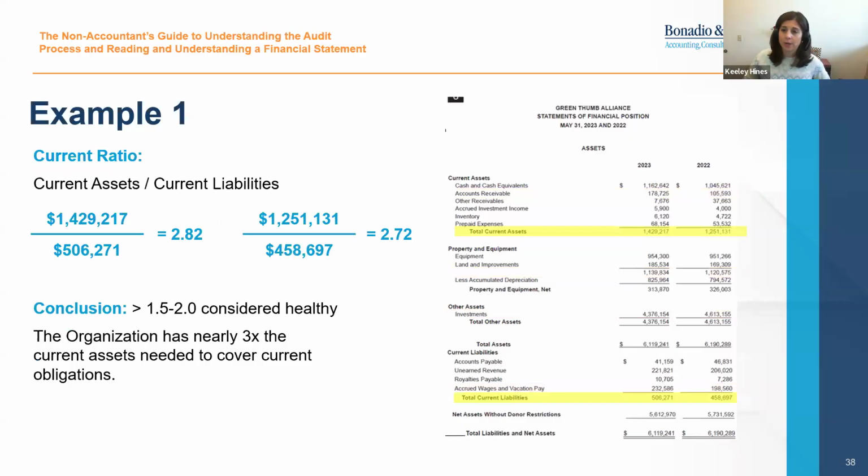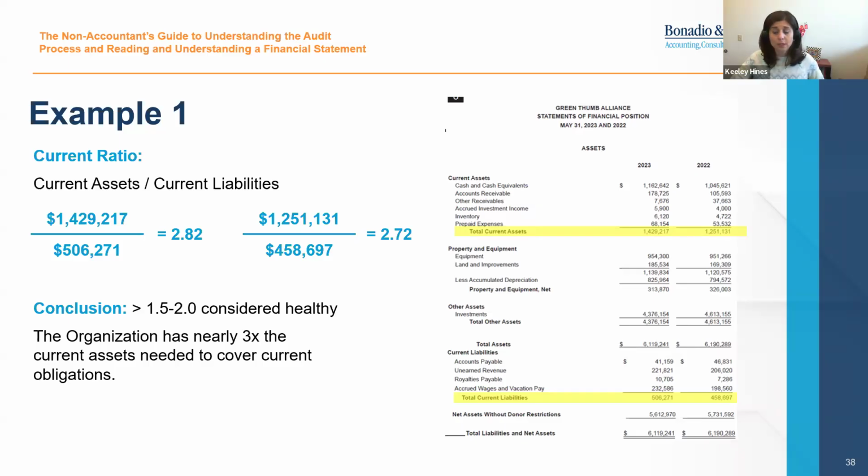Let's take a look at a ratio. So the current ratio is an indication of the current assets over the current liabilities. So it's really an indication of, can you meet your current liabilities due using only your current assets? And the answer is yes.